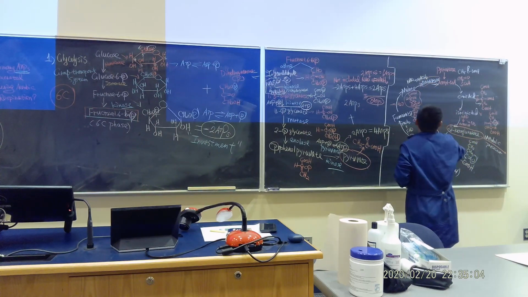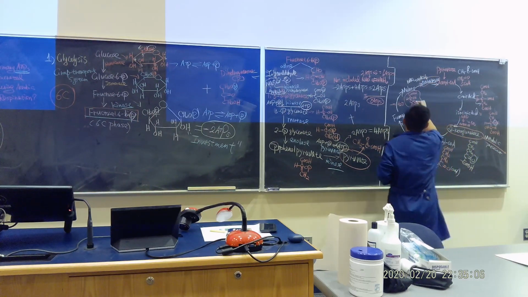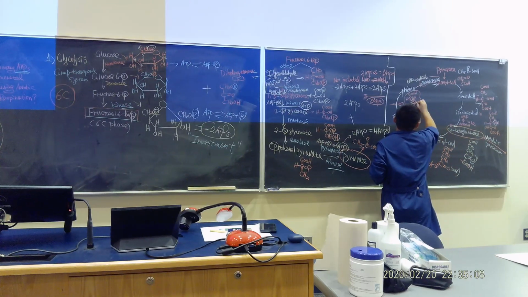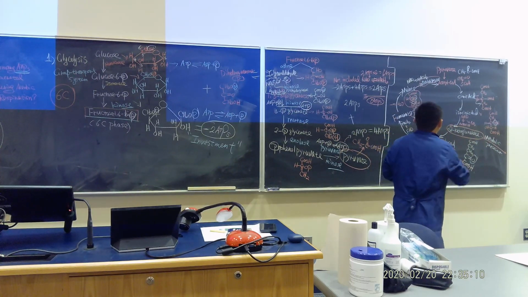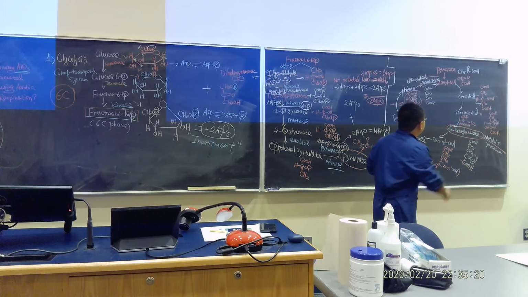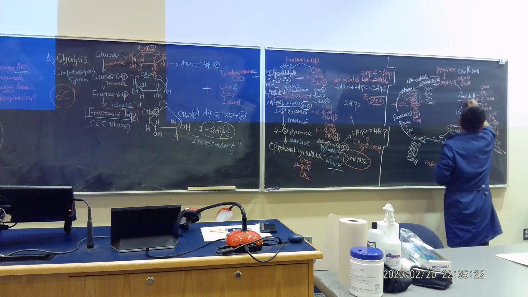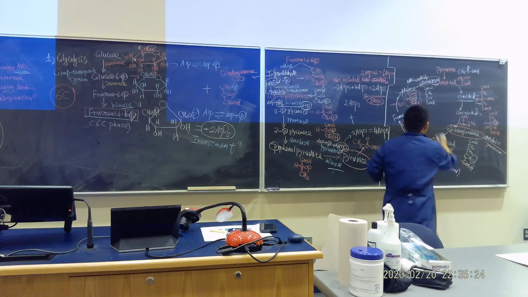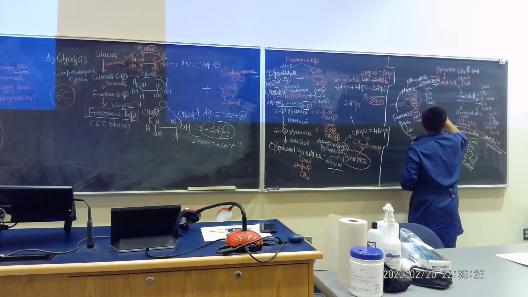Once this happens, these groups right here are going to go. So what's going to happen? Then they combine, become citric acid, and they do the cycle. That's why this is called the citric acid cycle.